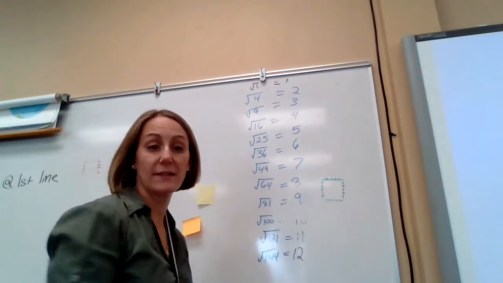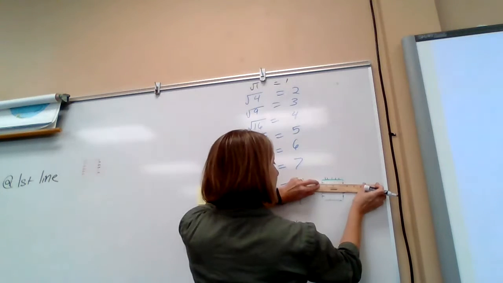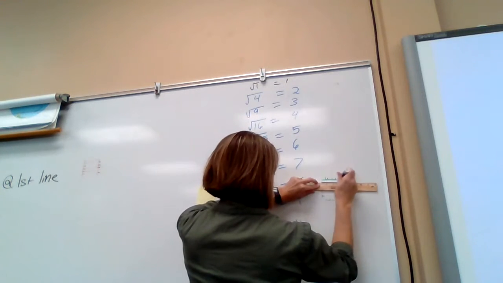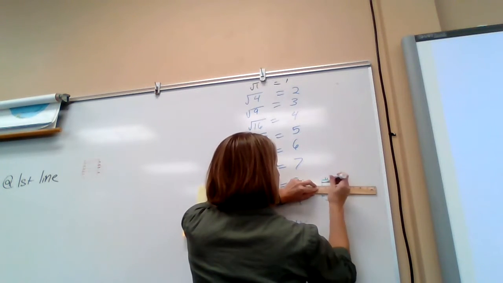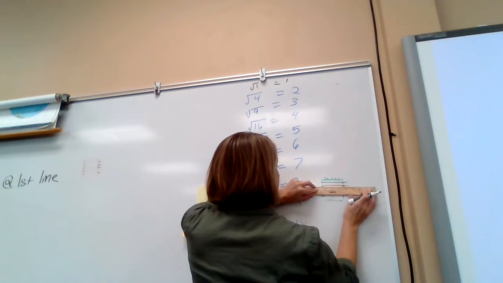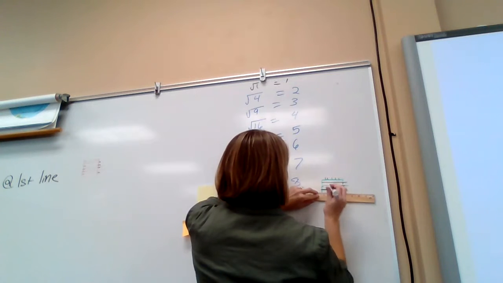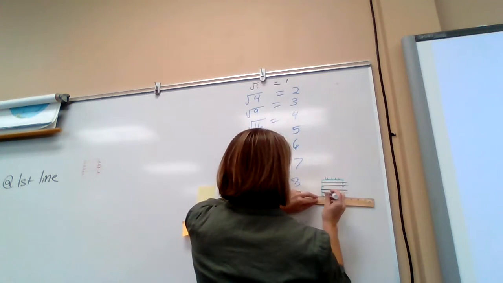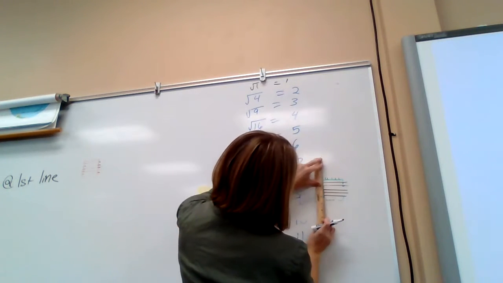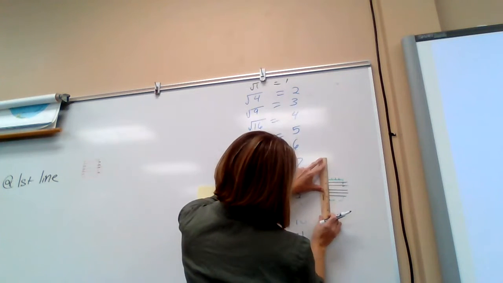Okay, so after you have the tally marks, you're just going to connect them like this, so that you have a grid over your picture. It's going to be 6 boxes by 6 boxes.